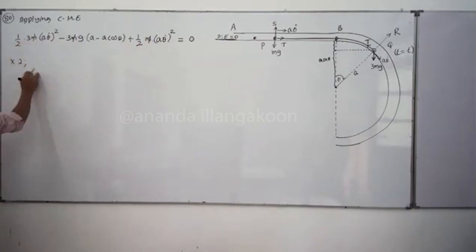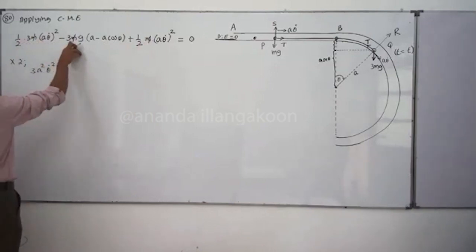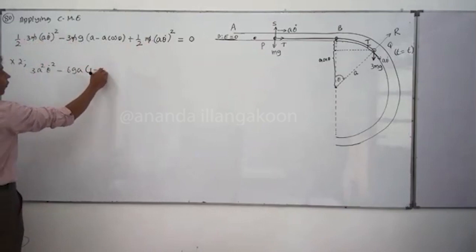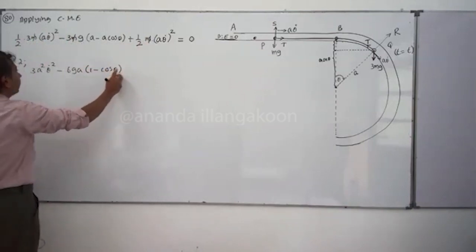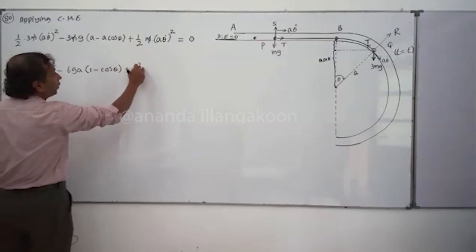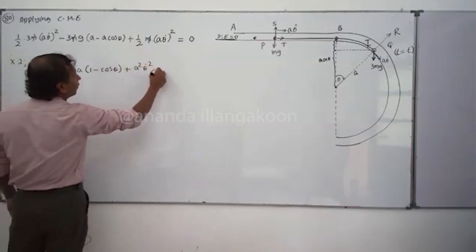Then here we get 3. Meanwhile, square this a squared theta dot squared, and multiply this by 2, we get 6g. Take this a out, 1 minus cos theta.